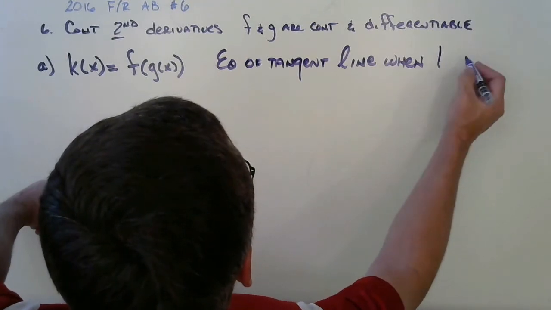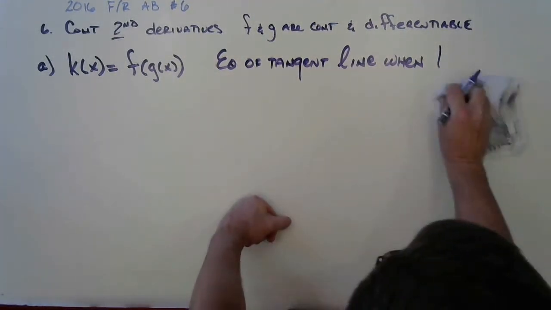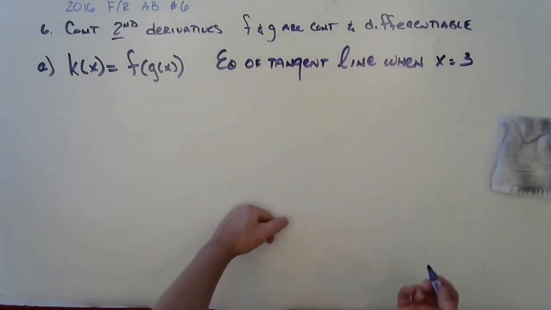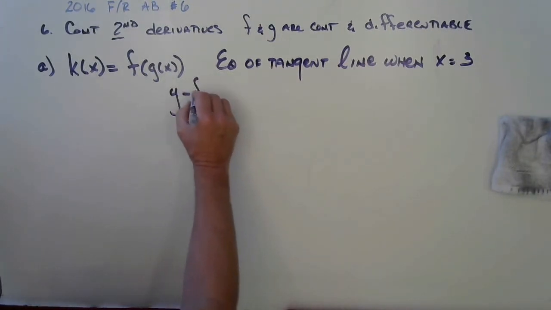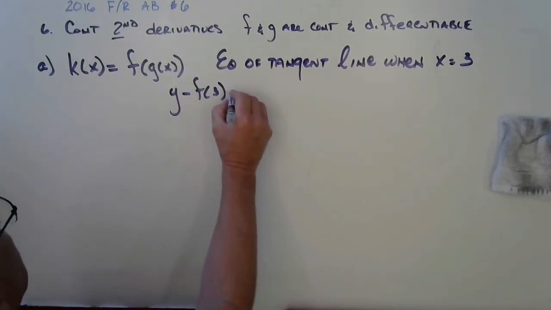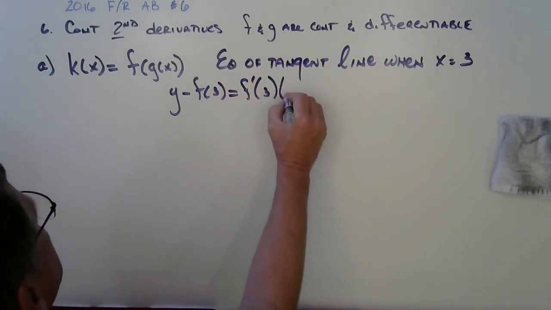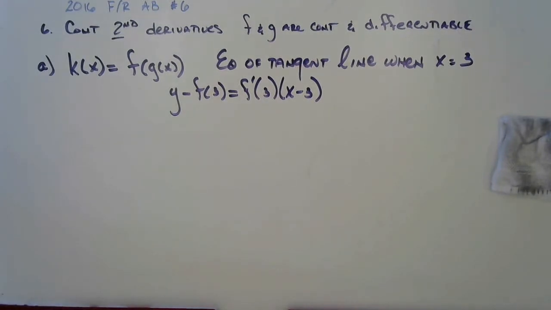When x equals 3. Now you all know what this is. The equation of the tangent line looks like this. That's the equation of the tangent line.